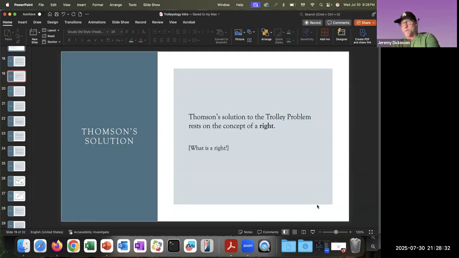And then we've thought about the formula of humanity, the Kantian solution. That doesn't, at least directly or explicitly, involve the concept of a right, though I think once again, one could connect the concept of right to it.